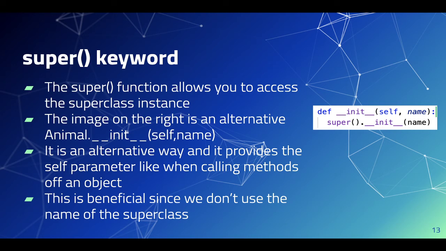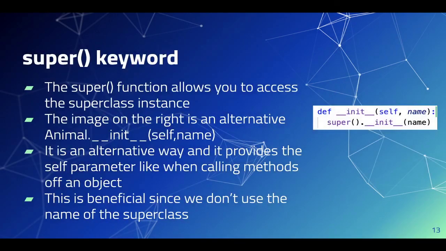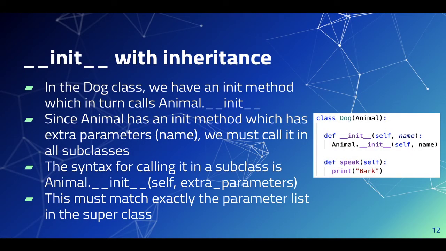It's an alternative way to do animal.__init__ in this case, but it automatically passes self. So notice there's a key difference. This animal.__init__ is sort of like calling a static method, right? A static method does not have self passed automatically, so we have to explicitly pass in self.